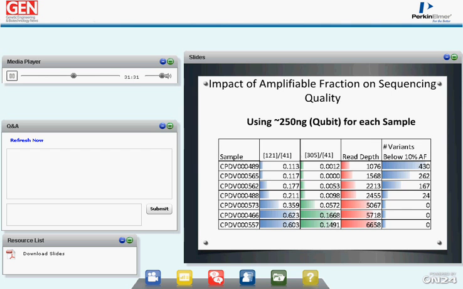The more degraded it is, the less data we're able to generate. And in this column all the way to the right is probably the biggest indicator. These are the number of variants we see in that low allele frequency range. And so the more degraded the sample, the higher the number of false positive variants until we hit that threshold where the DNA is sufficient for the assay.